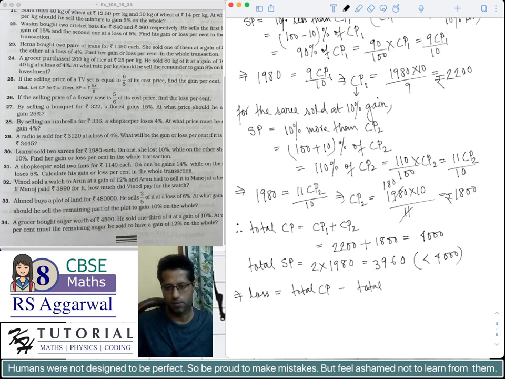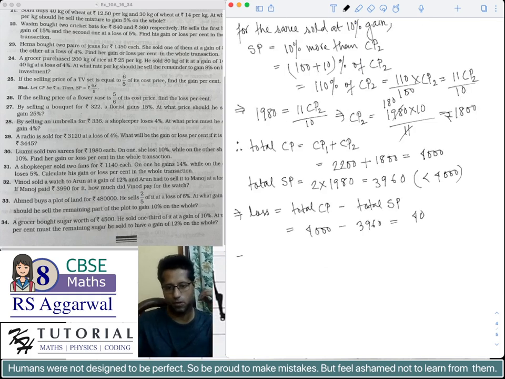Now here total CP and total SP is nothing but the CP of two sarees and the SP of two sarees. Total cost price was 4,000 and total selling price was 3960. This is equal to 40 rupees. Loss is 40 rupees.